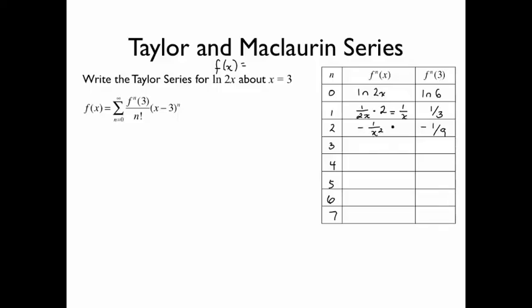So this is negative x to the minus 2. What's the derivative? It's going to be positive 2 times 1 over x cubed. Evaluated at 3, 2/27.